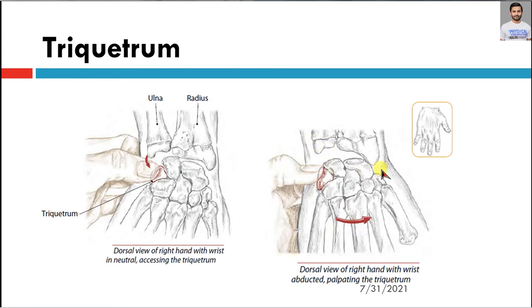If the hand is radially deviated, then there will be more soft tissue space between the styloid process and the triquetrum. But if you deviate in ulnar deviation, then it becomes very difficult to differentiate between the styloid process and the triquetrum. So it is always advisable to perform these movements repetitively just to find out the soft tissue border between these two regions, and then the first bone that you palpate distal to this soft tissue is the triquetrum.